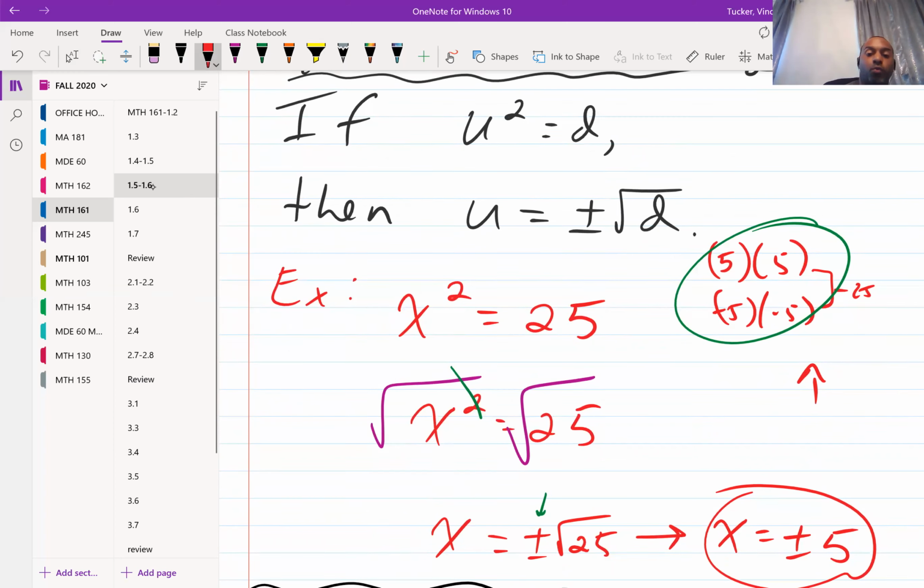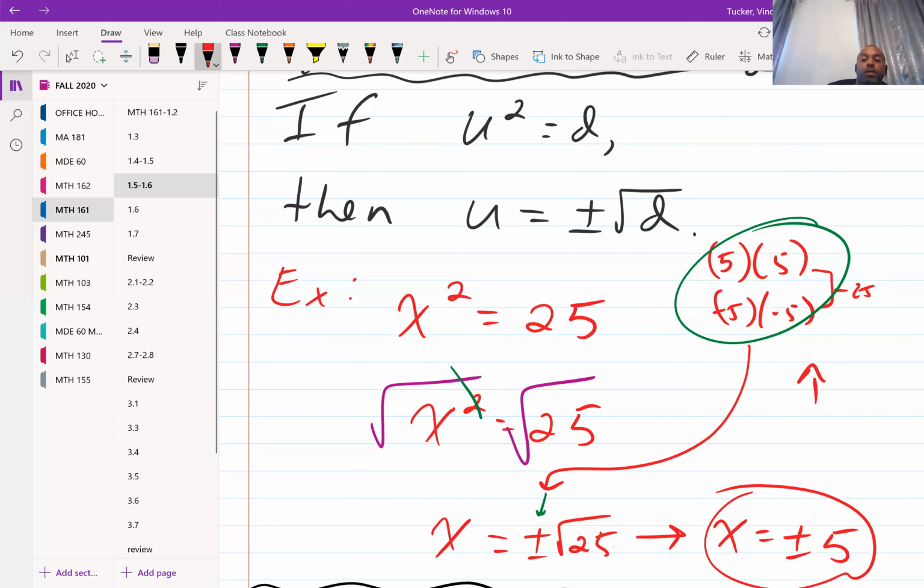But then you take the square root of 25. You're asking yourself, what number times itself will give me 25? Well, positive 5 times positive 5 will give me 25, but also negative 5 times negative 5 will give me 25.